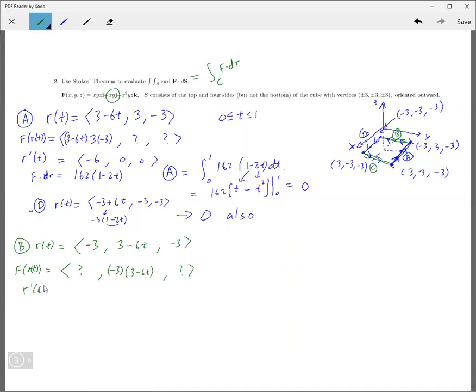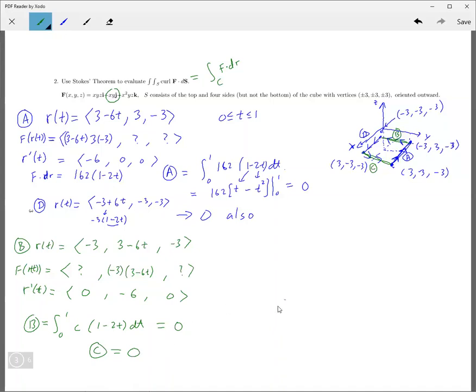R prime of t is 0, -6, 0. If we continue these calculations, you're going to have something times 1 minus 2t, and that integral is also going to be 0. And likewise, C is going to give you 0.